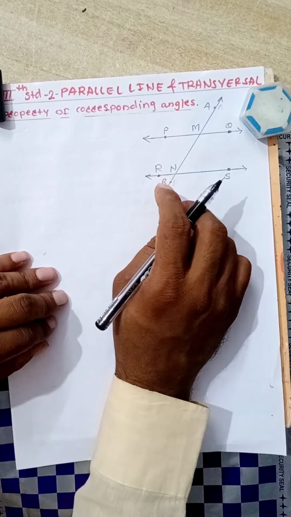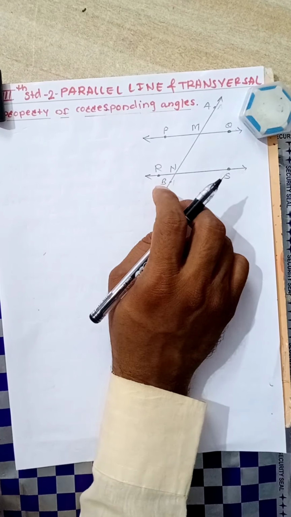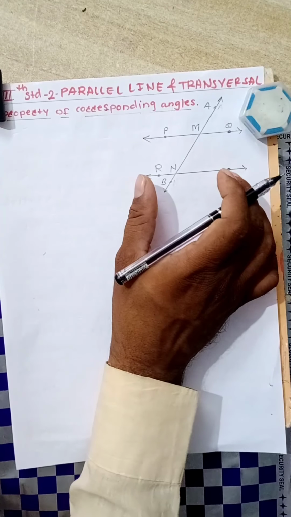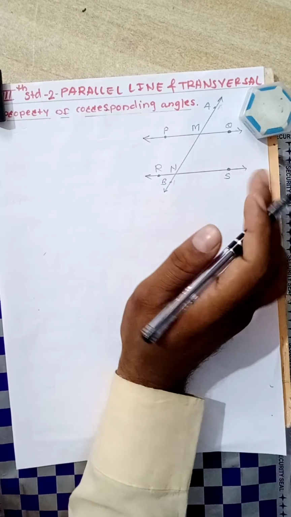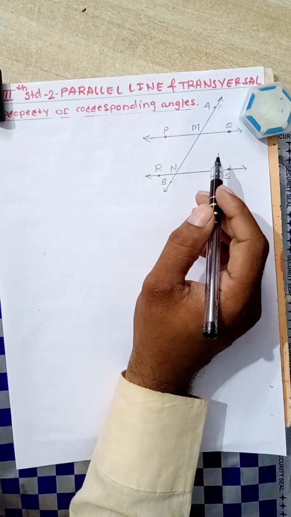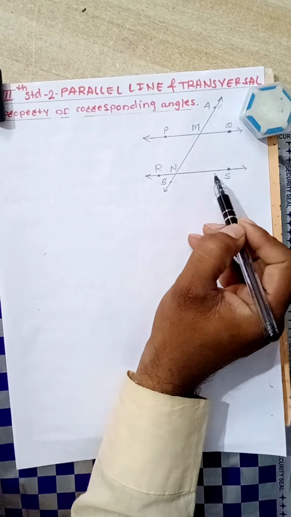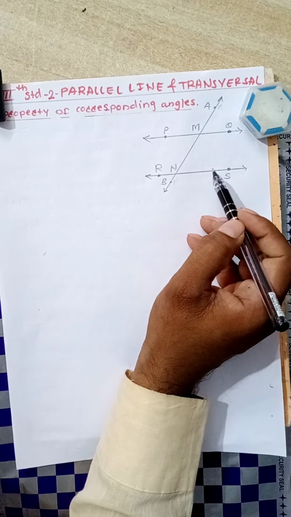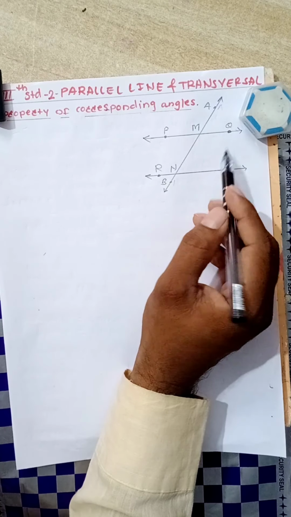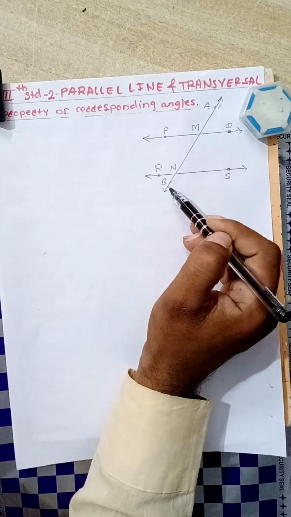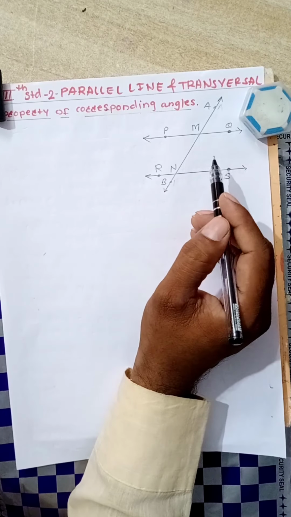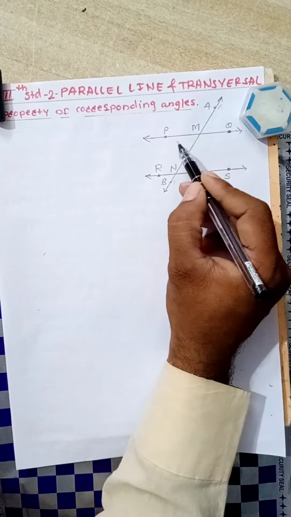Each pair of corresponding angles formed by two parallel lines and their transversal are congruent angles. That's called corresponding angles.